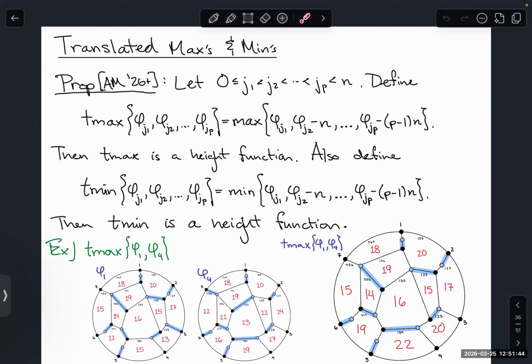So we can talk about the matching that's associated to them. In the example at the bottom here, I have phi1 and phi4, and I can combine them in this translated maximum of phi1, phi4.